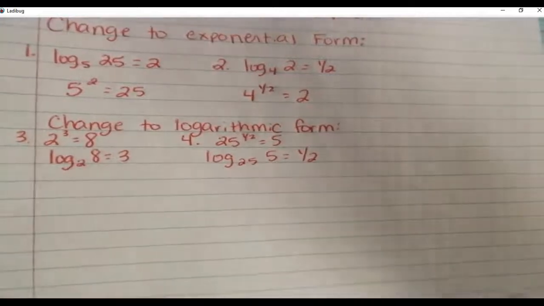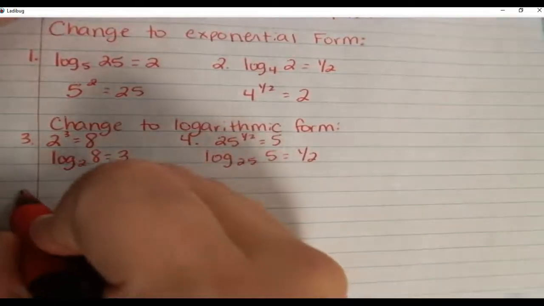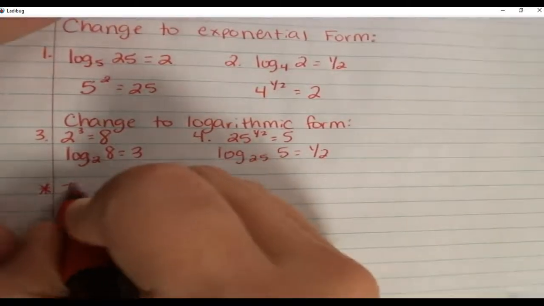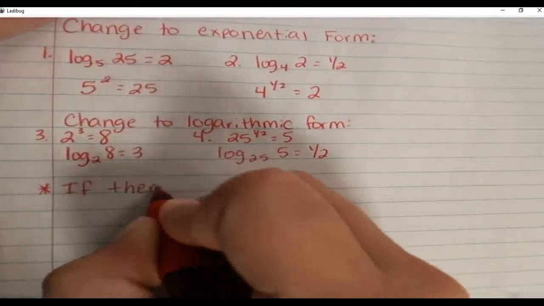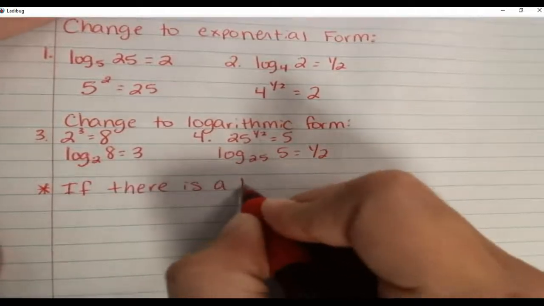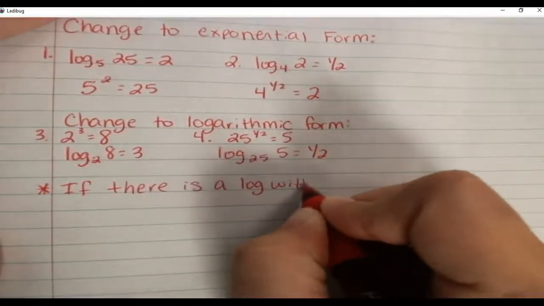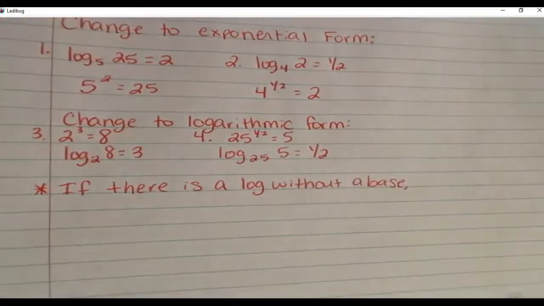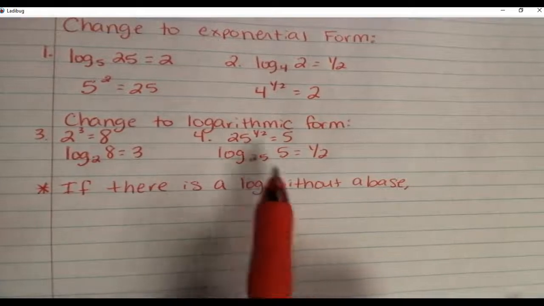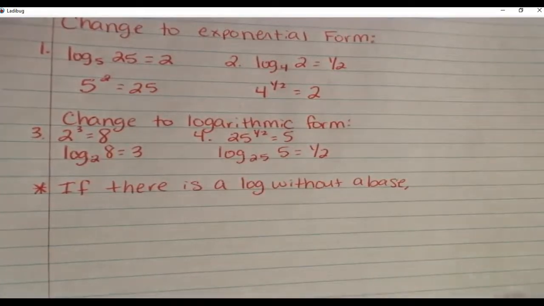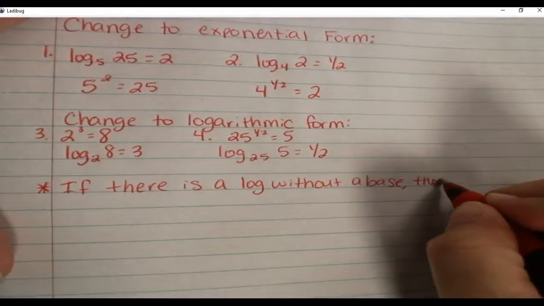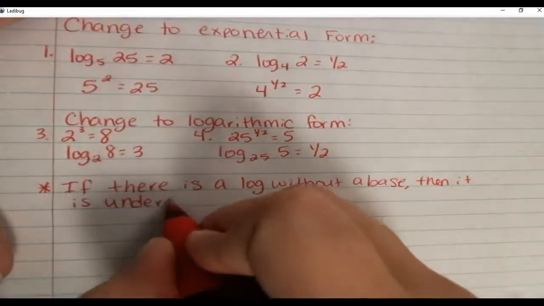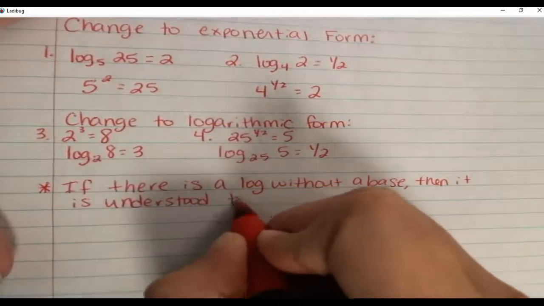Okay, but there are 2 special kind of logs, or really 1, but so if there's a log without a base, okay, so it doesn't have log base 2 or log base 25, it just says log, okay, then it is understood to have a base of 10.